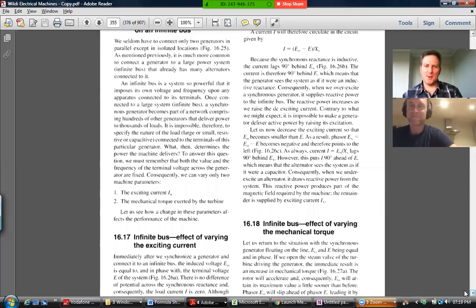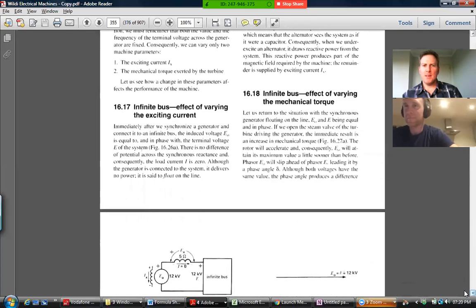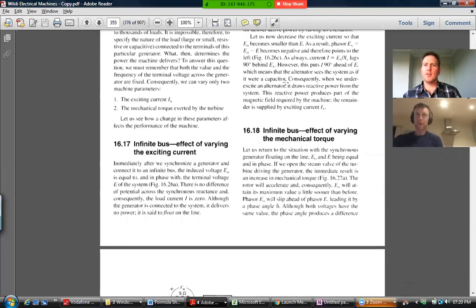Okay. Right. Then once we're actually online with our generator, we can play with basically two parameters. One parameter is the exciting current. And as the book goes on to say here, that actually doesn't change any real power. It'll change the amount of voltage E naught, the induced voltage, and it can make it bigger or smaller than the grid voltage.